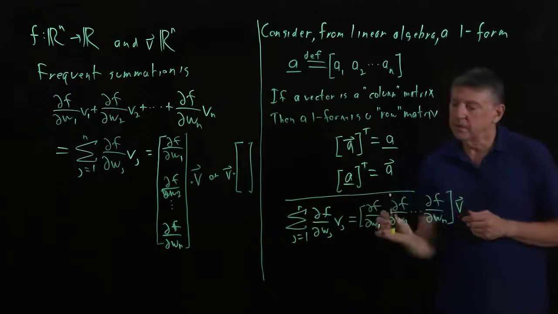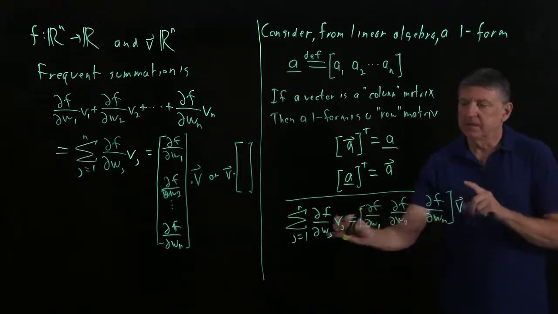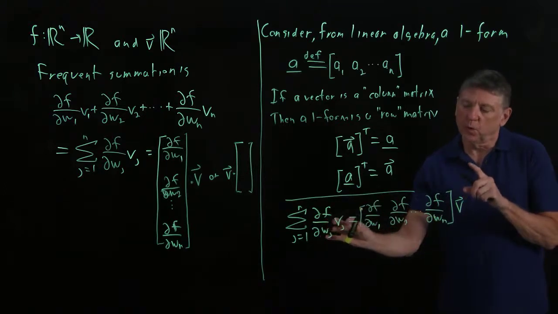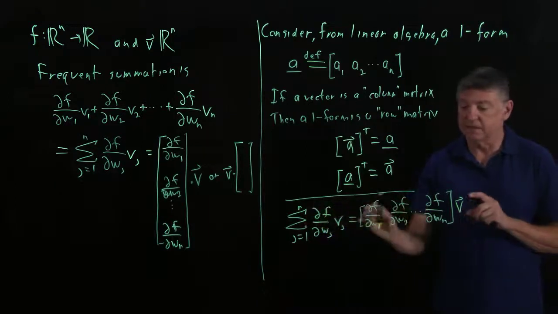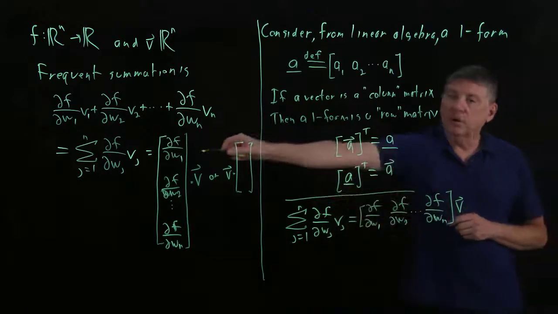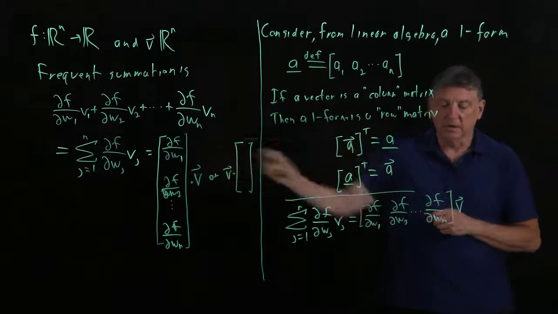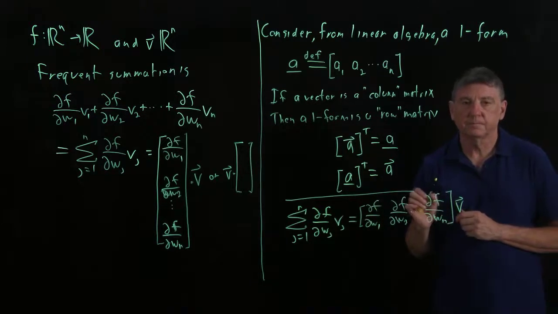And it's important that when we have a one-form and we have a vector, the way that matrix vector multiplication works is it will be producing exactly the same thing as this sum. So we could write this as a sum. Other authors will write it as a dot product. We will write it as a one-form times this vector.